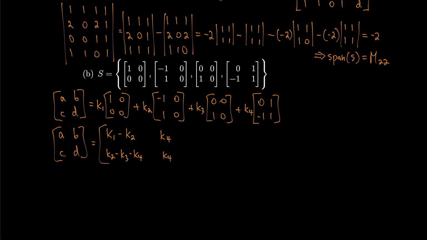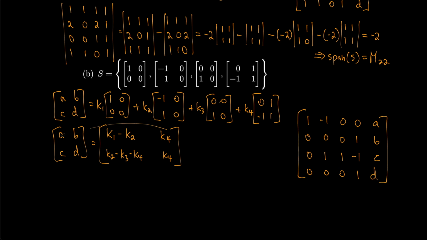Cool. So that'll give me the augmented matrix 1, minus 1, 0, 0, A, 0, 0, 0, 1, B, 0, 1, 1, minus 1, C, 0, 0, 0, 1, D, for the system that I would get from equating these.